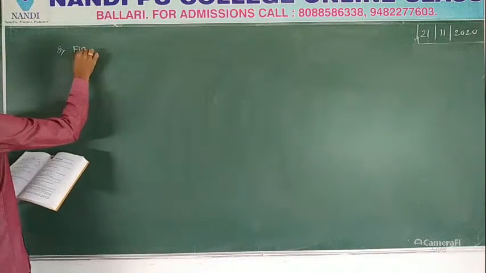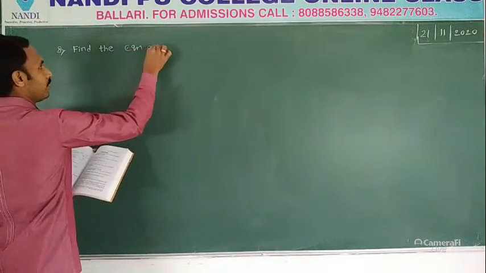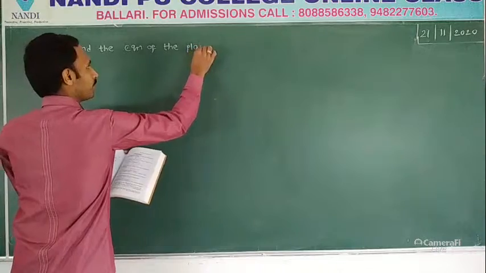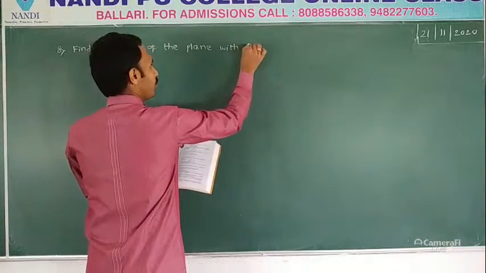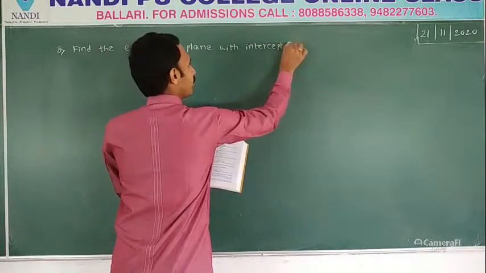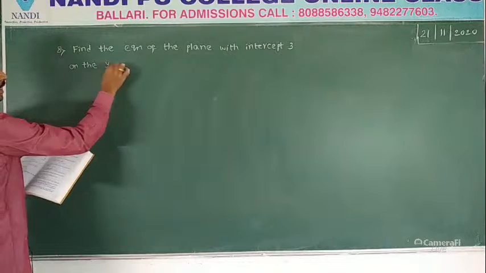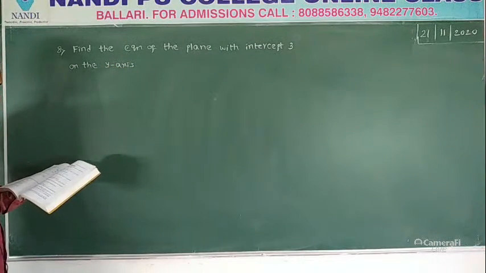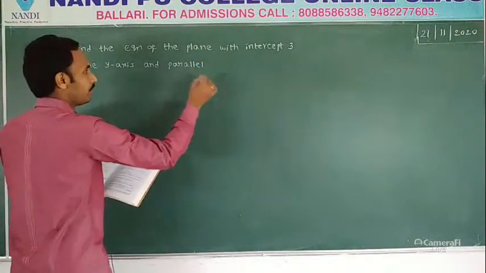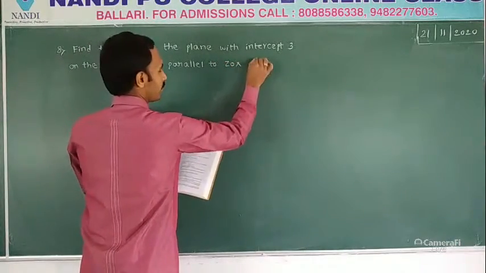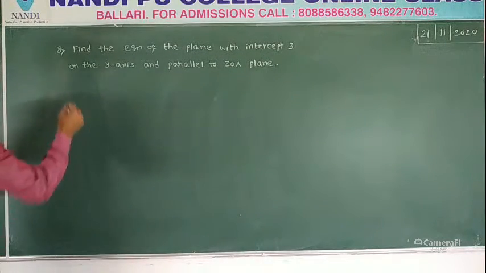Find the equation of the plane with intercept 3 on the y axis and parallel to ZOX plane. Right, important problem.